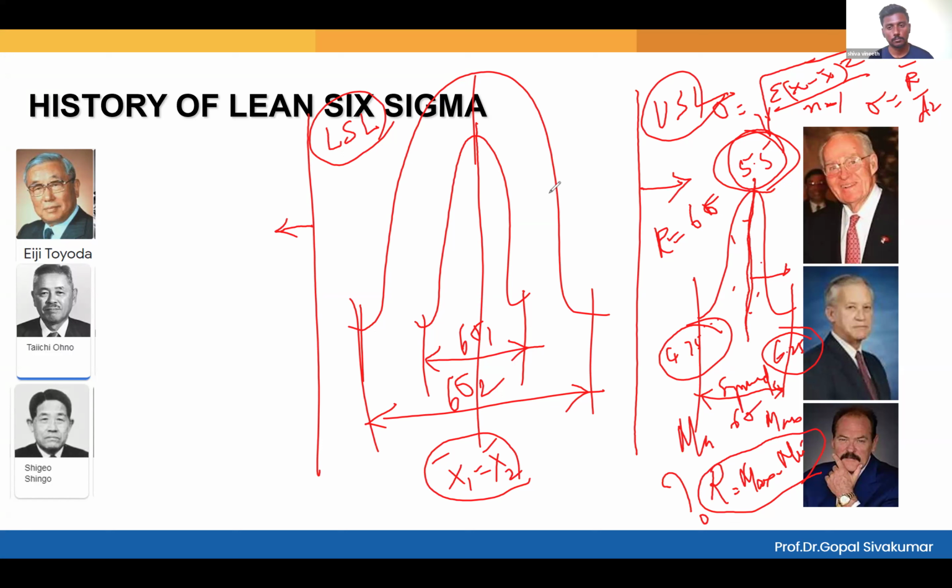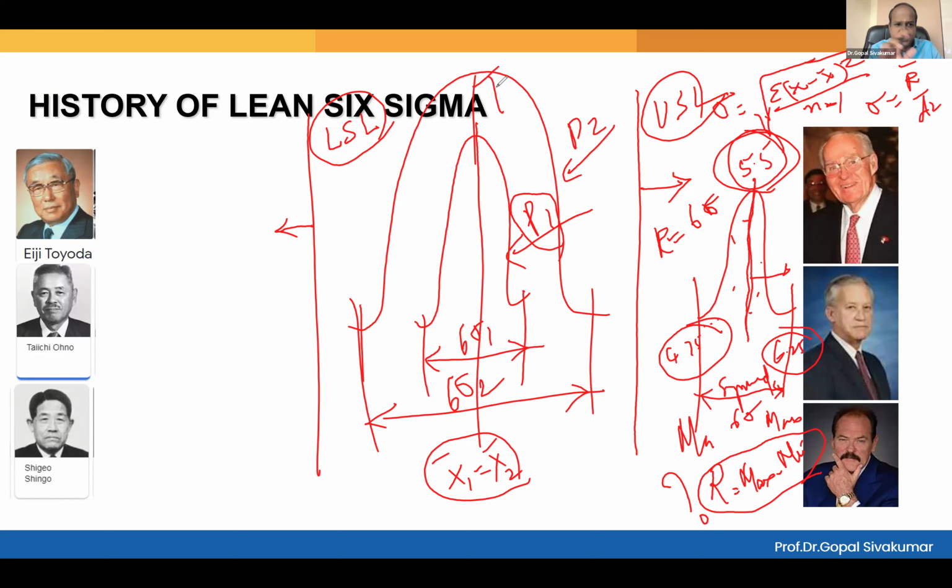Now, in this scenario, I have my process 2 and my process 1, both operating completely inside the spec. Given a chance, which process you will choose? P1, obviously P1. You know why? It not only hits the target.